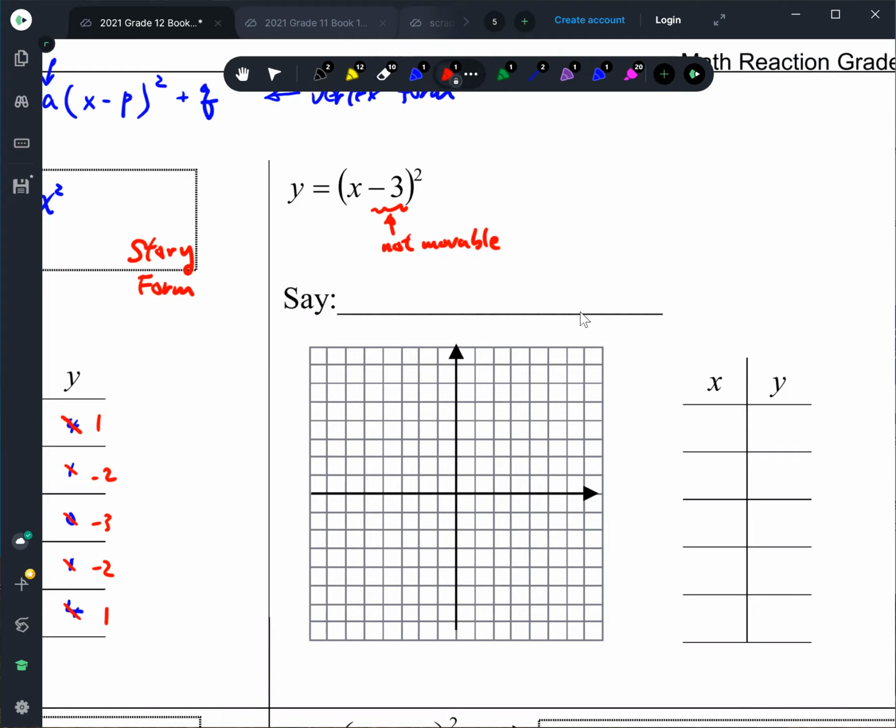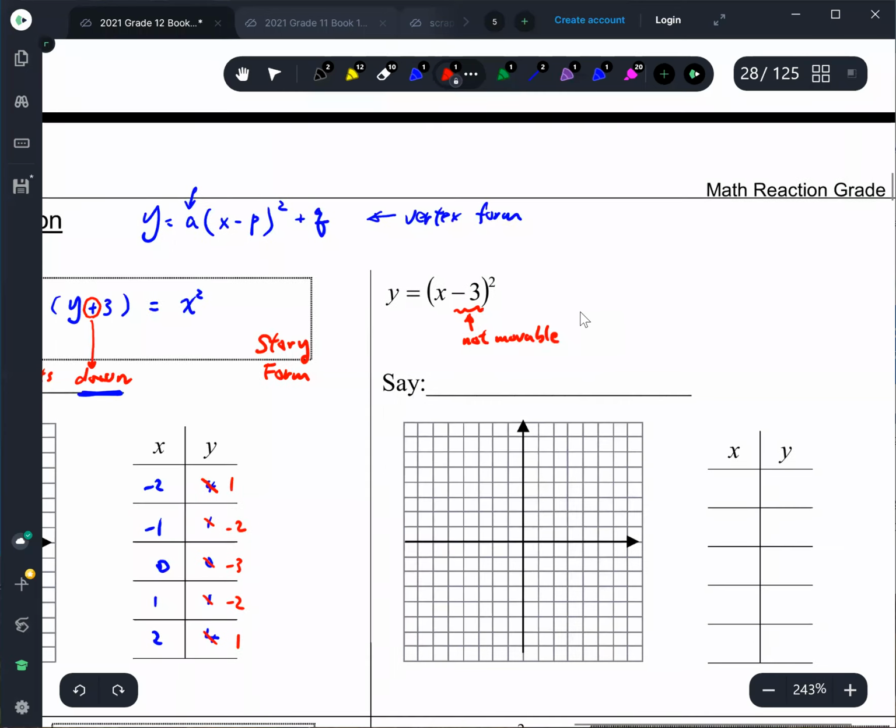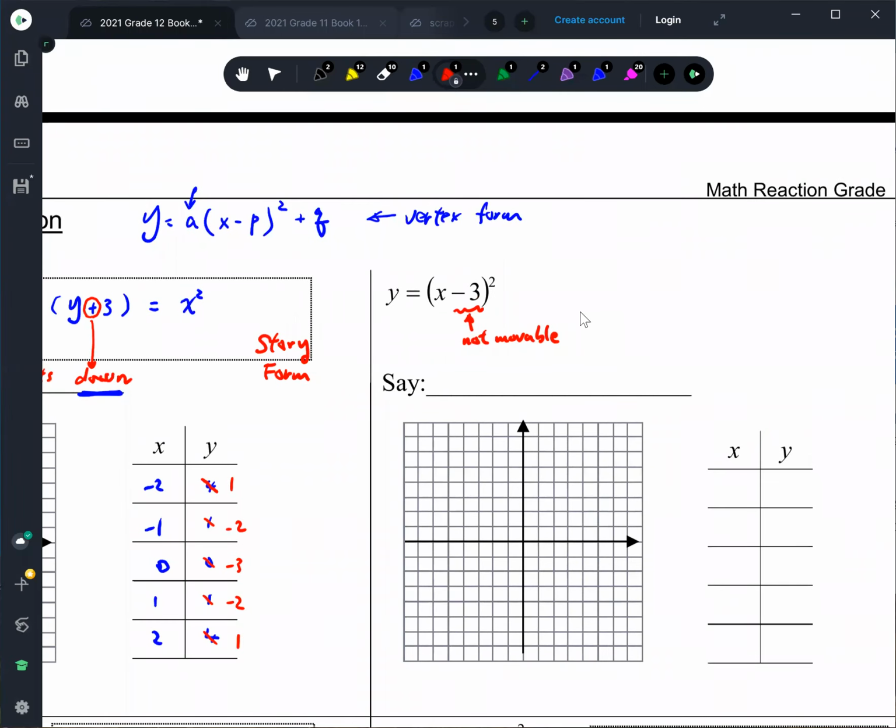If it's movable to the y side, then it's going to move up and down. This time it's with the x. Which way is it going to move? Susan, what do you think? Right 3. Yeah, okay. So this one you can also apply the vertex idea to give you a clue. This one has a vertex at 3, 0, because P is 3.